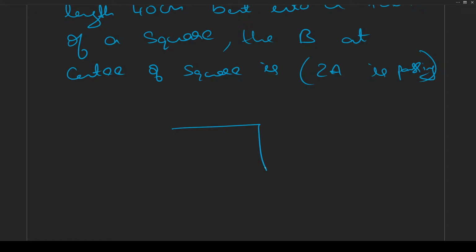Okay, there is a square. There is current 2 ampere passing through it, and there is a magnetic field at the center, where if we take a single segment, 40 by 4 is 10 centimeter, so 10 centimeter is the single segment length.